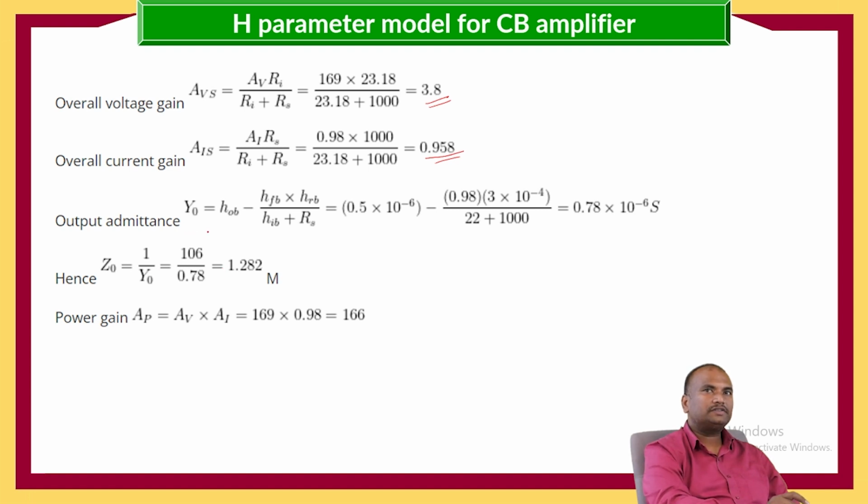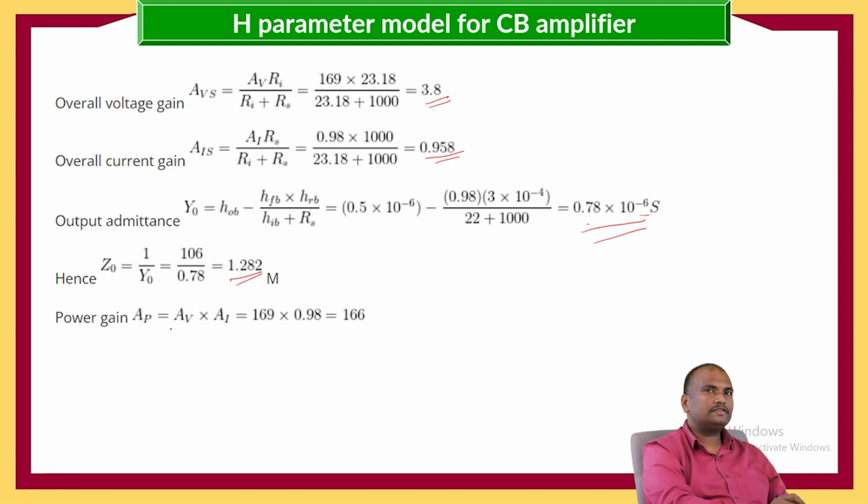And the output admittance Y0 is equal to HOB minus HFB into HRB by HIB plus RS, which is equal to 0.5 into 10 to the power of minus 6 minus 0.98 into 3 into 10 to the power of minus 4 by 22 plus 1000, which is equal to 0.78 into 10 to the power of minus 6 Siemens, where Z0 is equal to 1 by Y0, that is 10 to the power of 6 by 0.78, which is equal to 1.282 mega ohms.